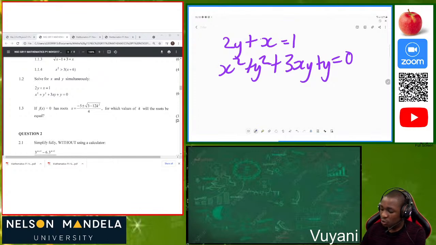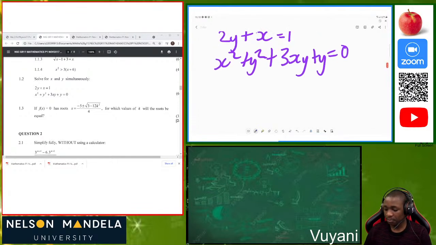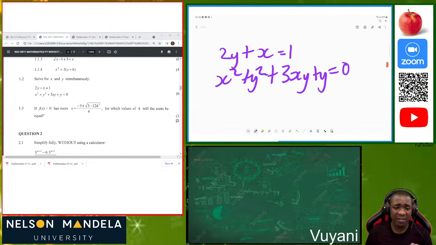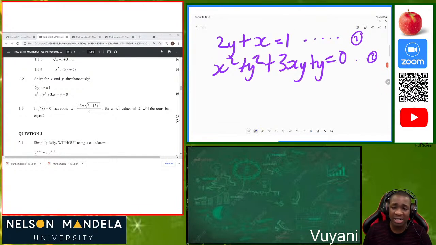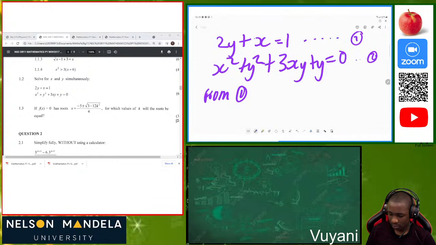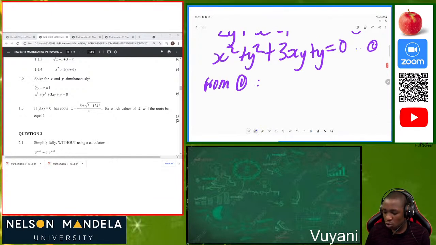In this question, I always advise that as you are given those two equations, just write this is equation number 1 and this is equation number 2. Now we have to formulate equation number 3. So you have to write this small English to say "from equation 1", so that the examiner, the marker of your paper, will know that you know what you are doing.